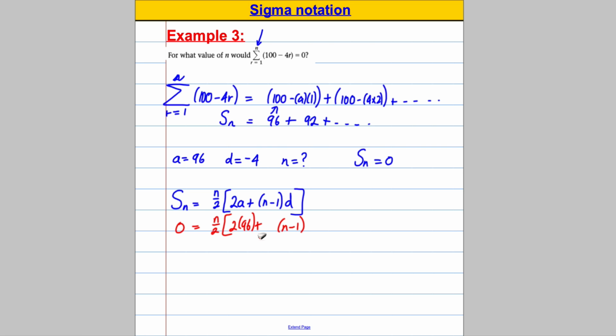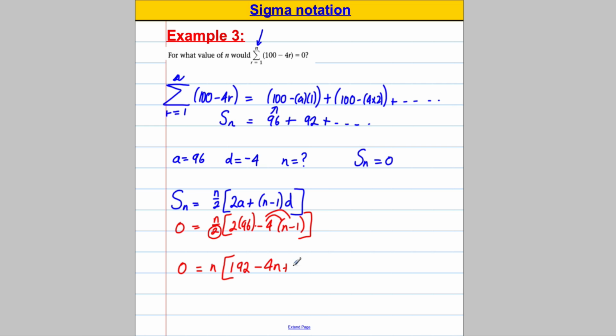So instead of writing plus negative 4, I'm just going to write negative 4 here. Okay, I could double both sides to get rid of this divide by 2, and timesing this by 2 would still be 0. 2 multiplied by 96 is equal to 192, and I'm going to expand this bracket, negative 4n plus 4.